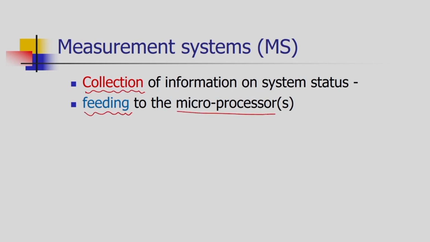Collection of the information and feeding it to the microprocessor are the basic functions of the measurement system. Based on this information itself, the controlling operation would be done. So, the accuracy of the information and efficient feeding to the microprocessor system are the two utmost important requirements of an efficient measurement system.